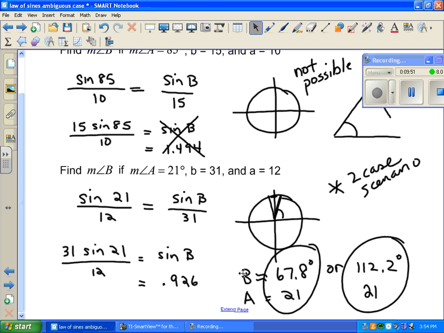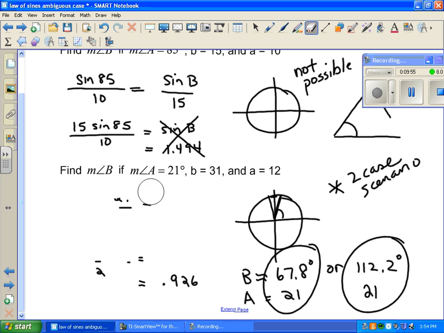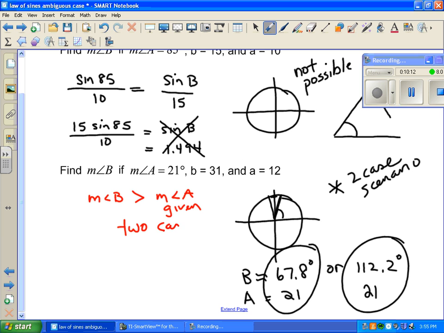Yes. So here's the rule of thumb that we usually follow for when there will be a two-case scenario. If the measure of angle B is greater than your given angle, you're going to get two cases. Okay? And how can you tell that B is going to be bigger?